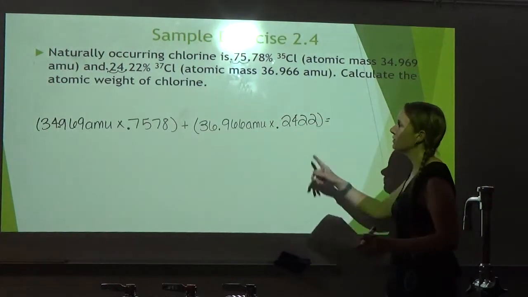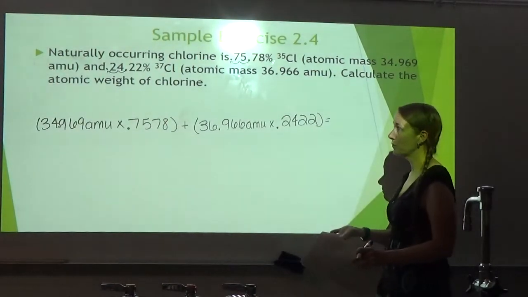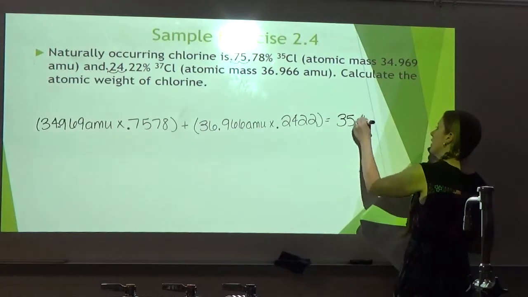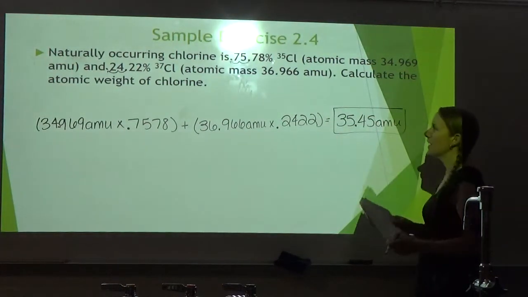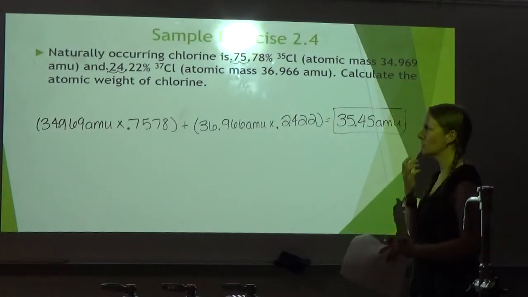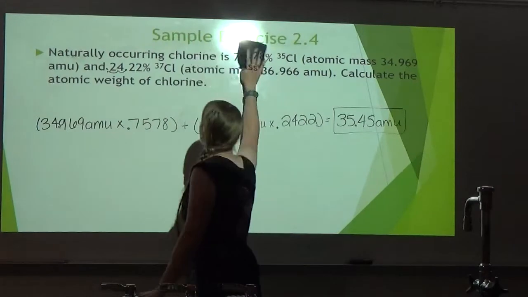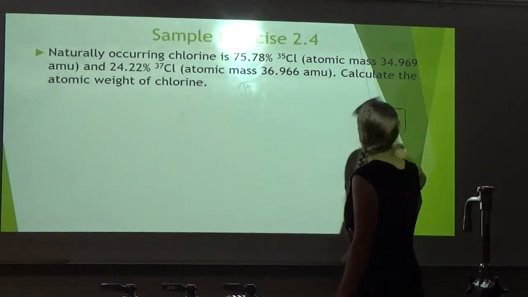So all we have to do is make sure to change our percentages to decimal form. So once I do all that, I get about 35.45, and then of course my unit is AMU. Okay, super easy. We did this in honors. It should be super easy. Again, if it's not, oh man, it is gonna be rough.